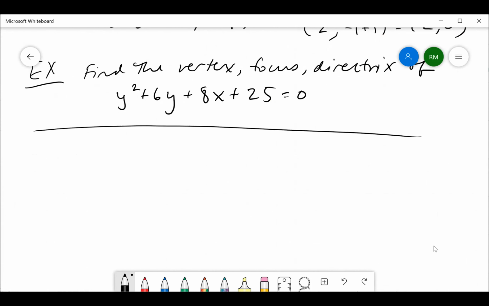So let's talk a bit about parabolas, because they're actually used in real life a lot. So we're going to talk briefly about what a surface being reflective is.